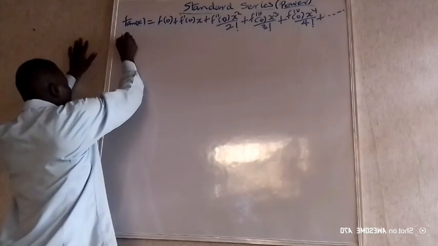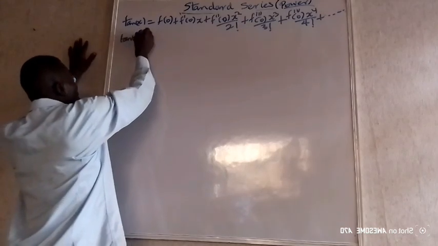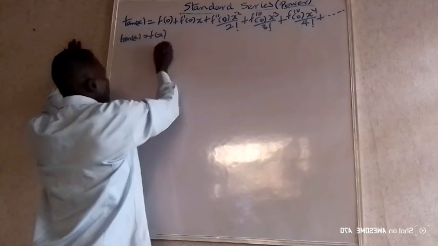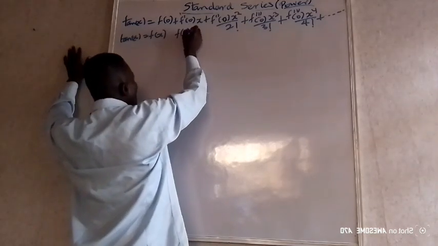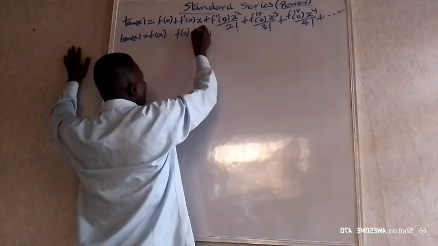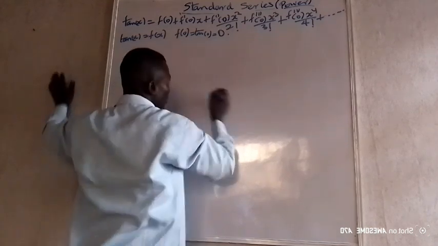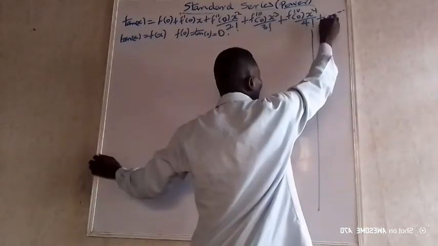Now if we say tan x is equal to f(x), so f(0) is equal to tan 0, and that will give us 0.